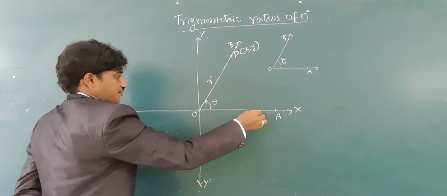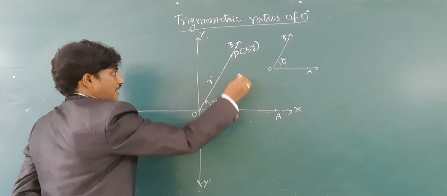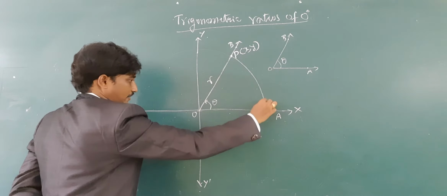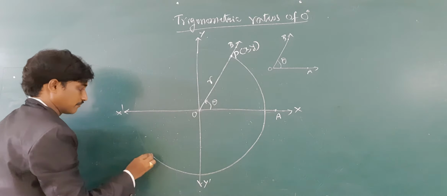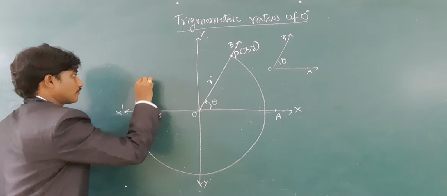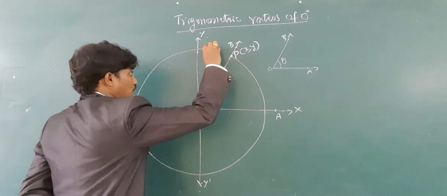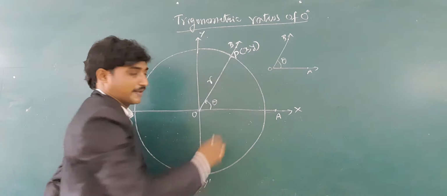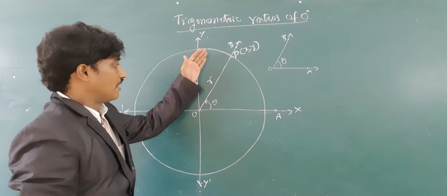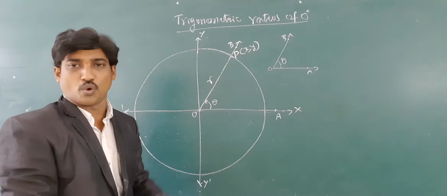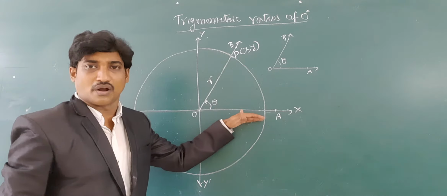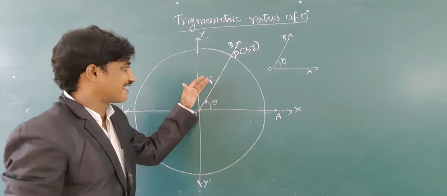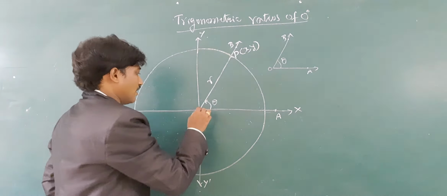OP rotates in a circular path. With OP as the radius, draw a circle. To know the position of P when it leans on OA: if OP leans on OA, then theta decreases.